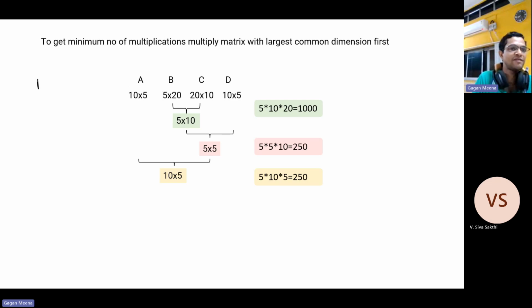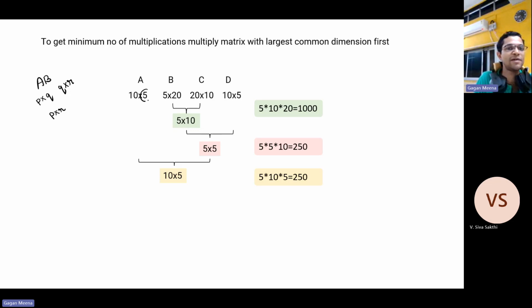And also, when we are multiplying these two matrices, let's say this is PQ and this B is QR. PQR is more famous, right? Then the resulting matrix will be PR, and the number of scalar multiplications required will be PQR.